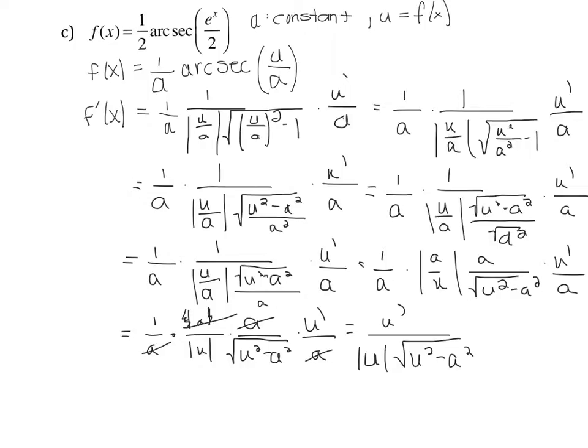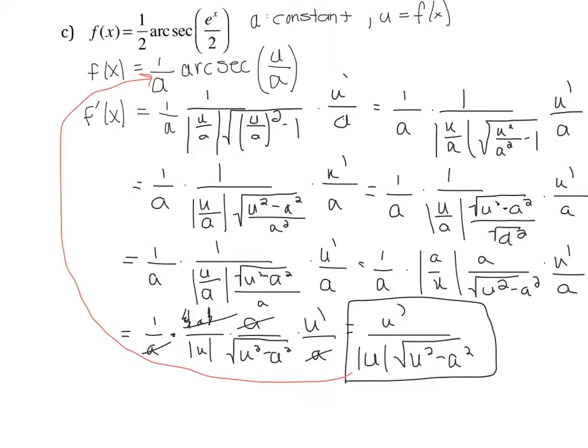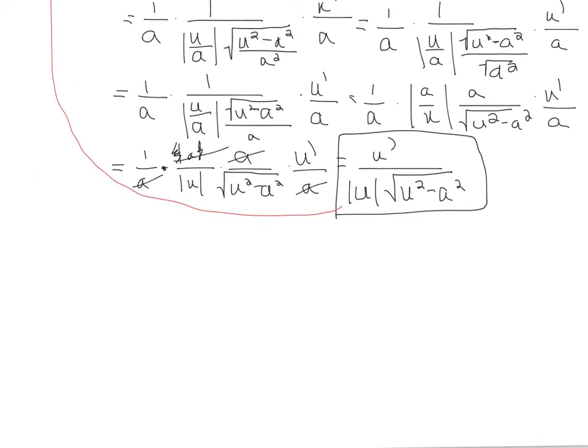So the nice thing is, if we see something in this format as our integrand, we know what it will integrate to. Something of this format integrates to 1 over a times the arcsecant of u over a. But let's write that in there for sure.